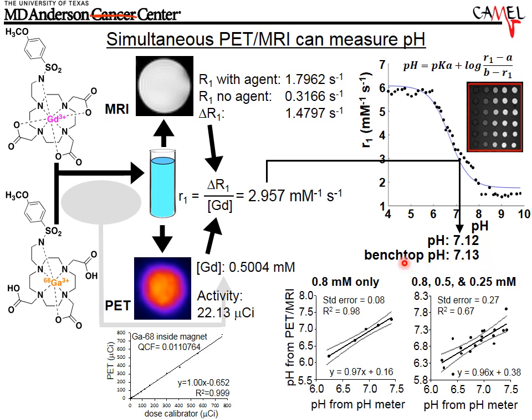Now, if we have a high concentration of MRI contrast agent, this technique works quite well with a low standard error, and we get a nice linearity. At lower concentration, MRI is a noisy technique, and so we don't have quite the accuracy or the precision that we would like from this methodology, but we are able to measure pH using the PET MRI system.